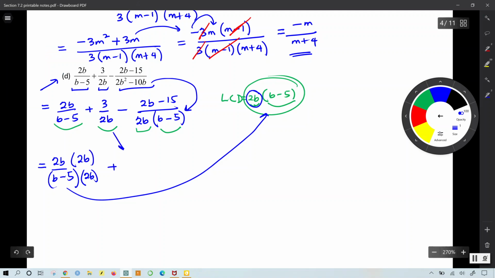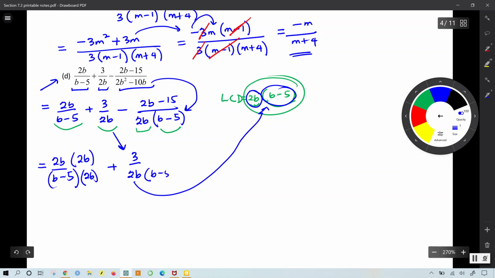Then we move on to the next fraction, which is 3 all over 2b. What do we observe? In order for the denominator to catch up with the LCD, it needs an extra b minus 5. So b minus 5 on top and on the bottom.